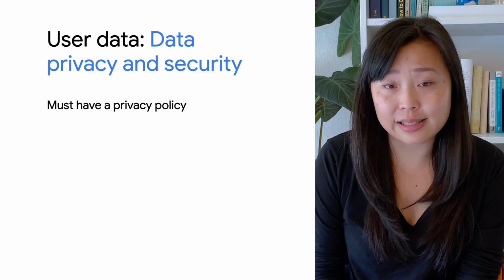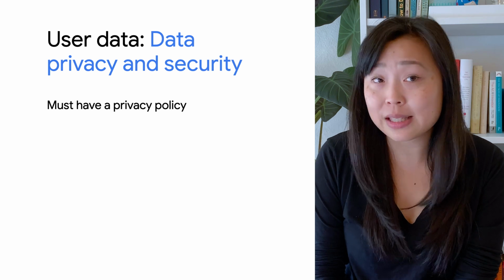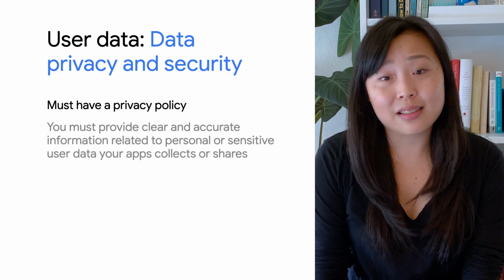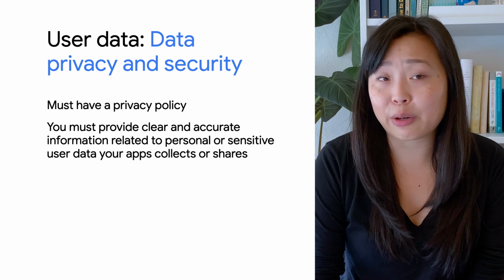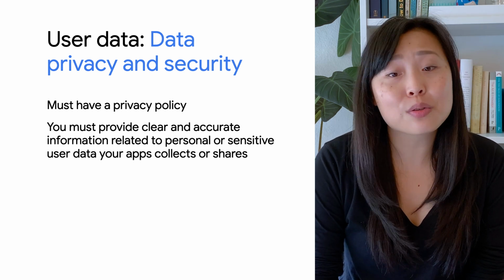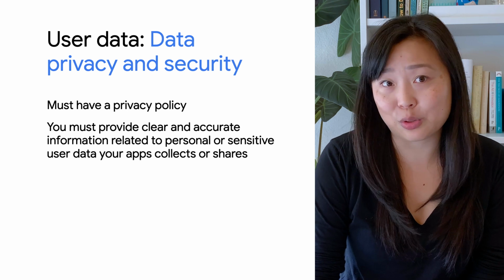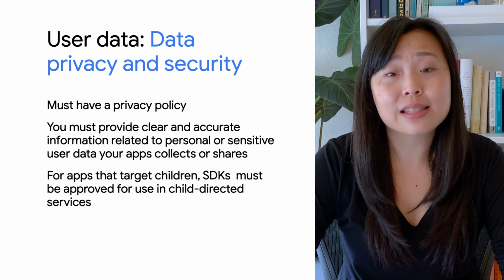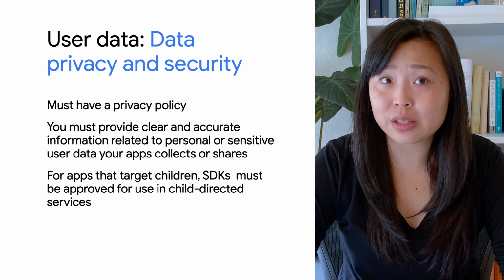Apps that do not access any personal and sensitive user data must still provide a privacy policy. Second, developers must provide clear and accurate information related to personal or sensitive user data their app collects or shares. If your app's target audience is children, the SDKs you use must be approved for use in child-directed services.